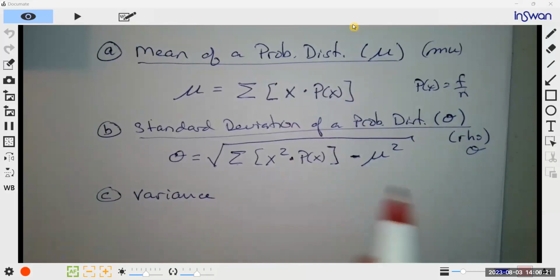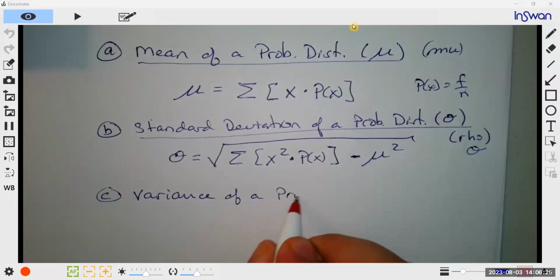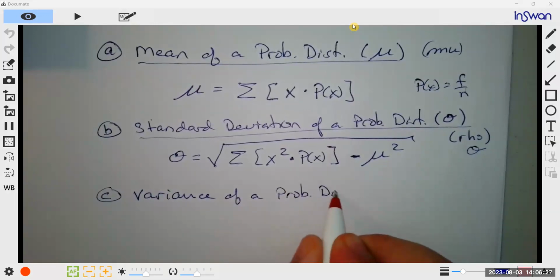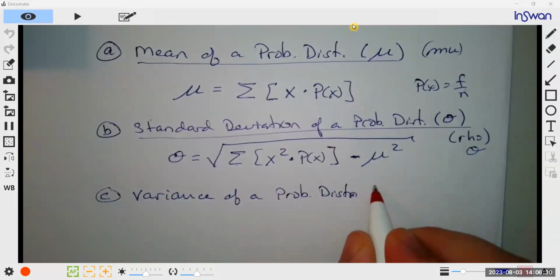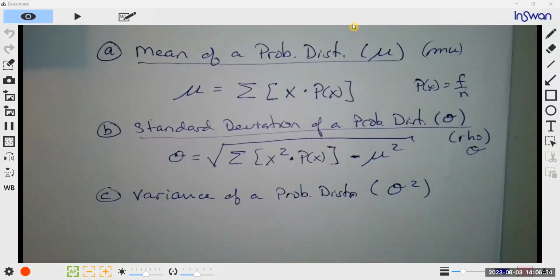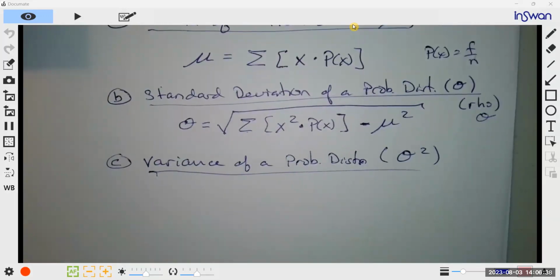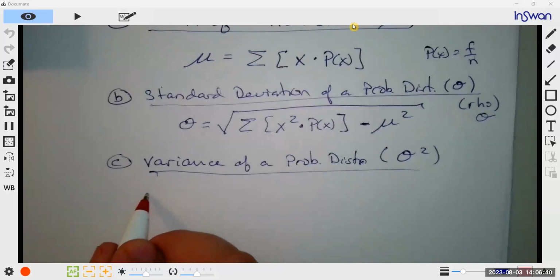The variance of a probability distribution, which is rho squared. We have two different ones here.